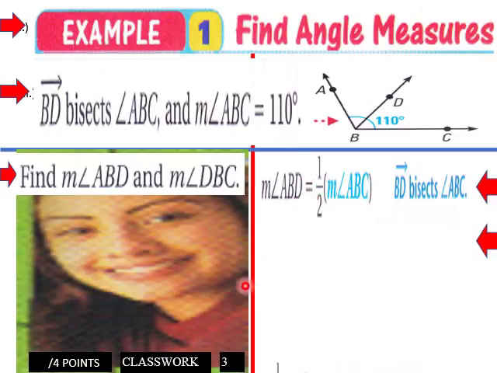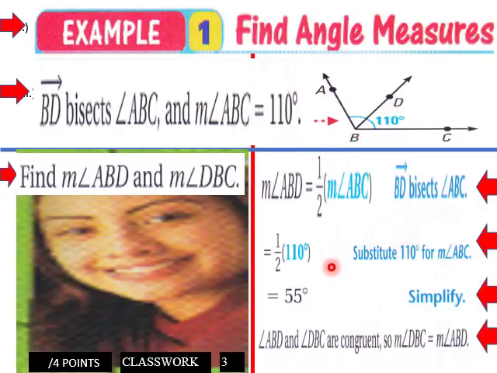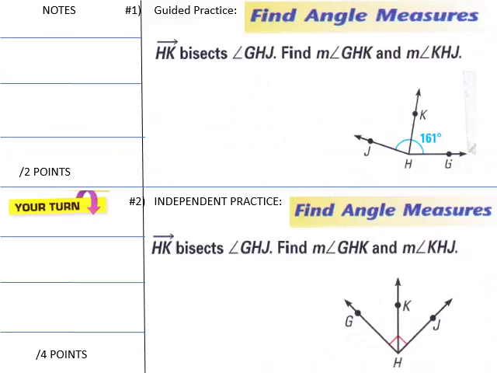BD bisects angle ABC, so 1/2 of 110 would be the measure of ABD. And ABD and DBC are congruent, so the measure of DBC is the same as the measure of ABD. So ABD is 55 and DBC is 55 degrees.